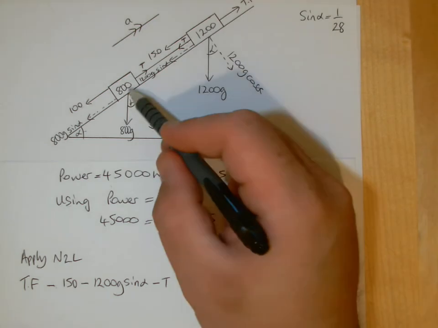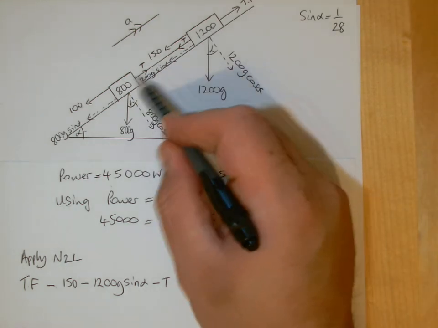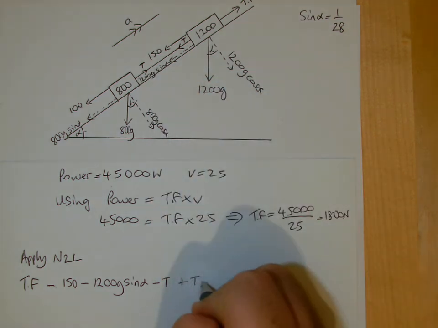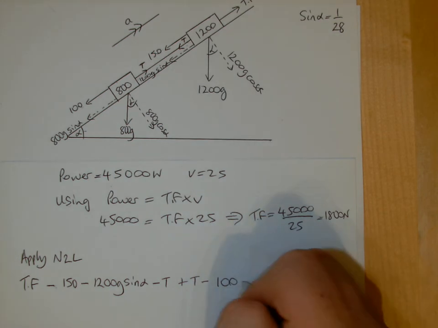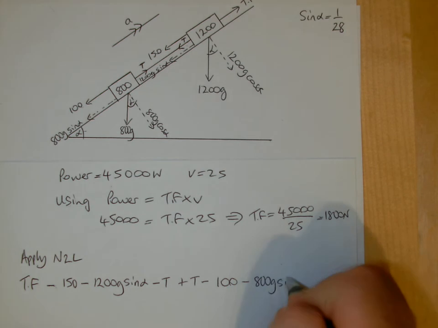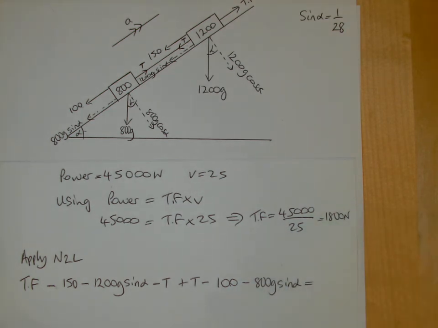Let's look at the trailer then. You've got this tension pulling it forwards, so that's a positive force, plus T. But then you've got the resistance force of 100 and the weight component there. That will equal mass times acceleration.